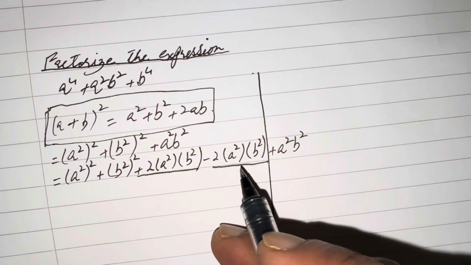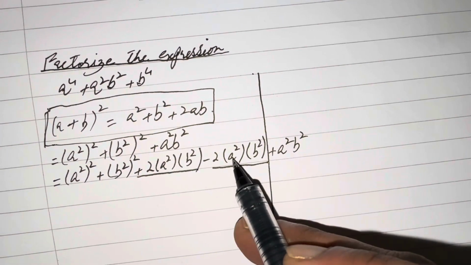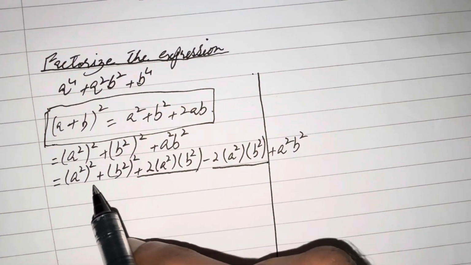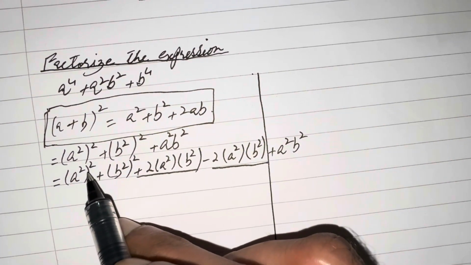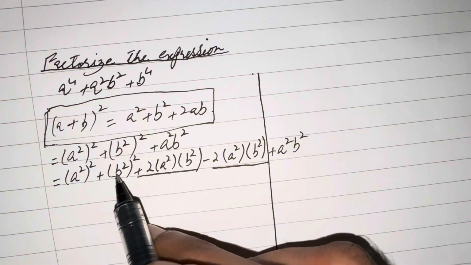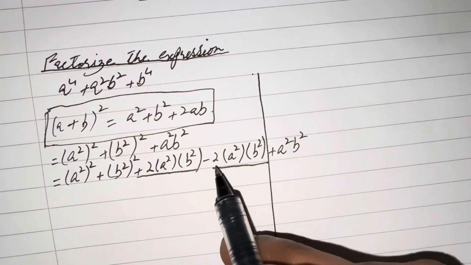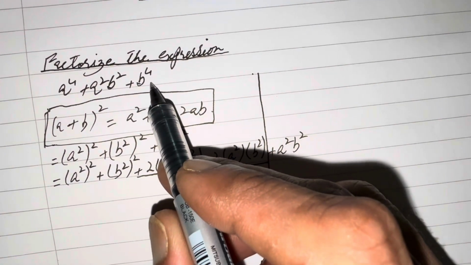Why added and subtracted? Because after, we can cancel these two things, so the remaining part of the expression is a raised to power 4, b raised to power 4 plus a square b square. So ये चीज़ जो है वो दोबारा ये वाली चीज़ बन जाएगी.